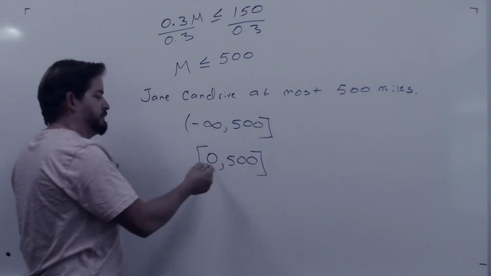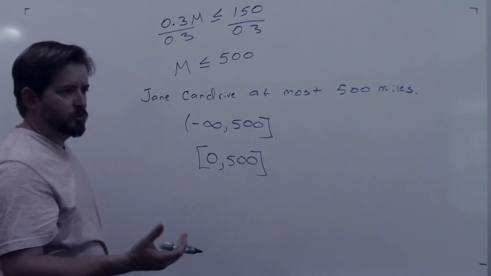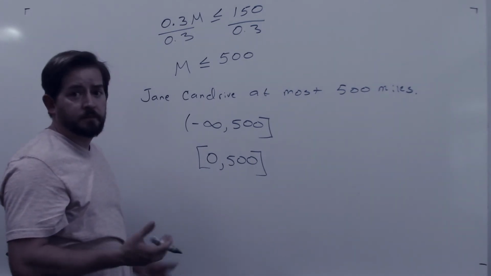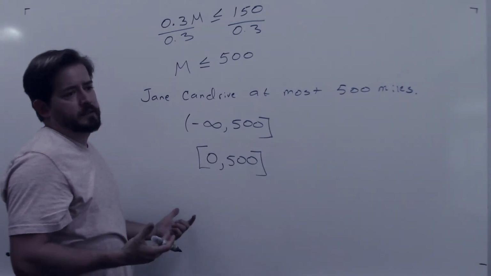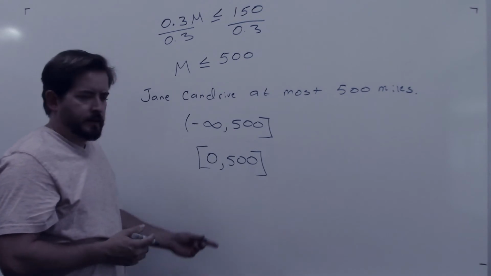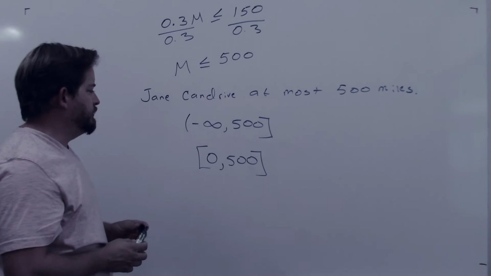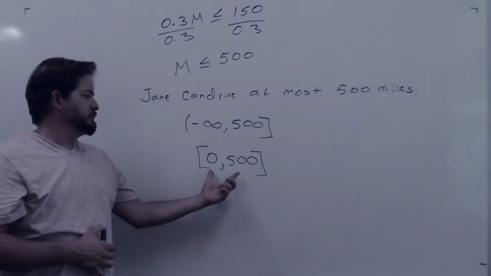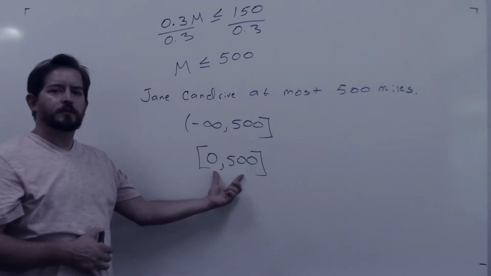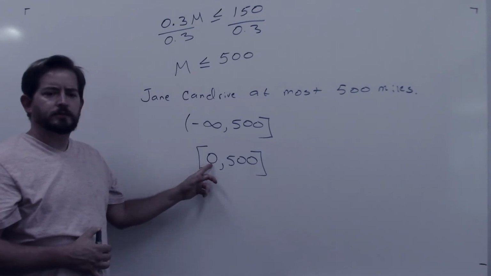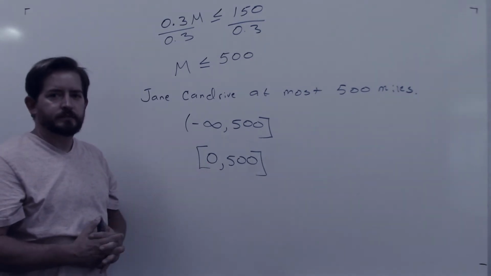And we would include 0 because she could just go rent it and say, oops, never mind, here's my $50 and walk away from it. Doesn't make sense really, but I'm not Jane, I'm not her accountant. She can do what she wants with her money. But that would be the real world solution here, anywhere between 0 and 500 miles. Doesn't make sense if it's 0, why would you bother? But she could do it.